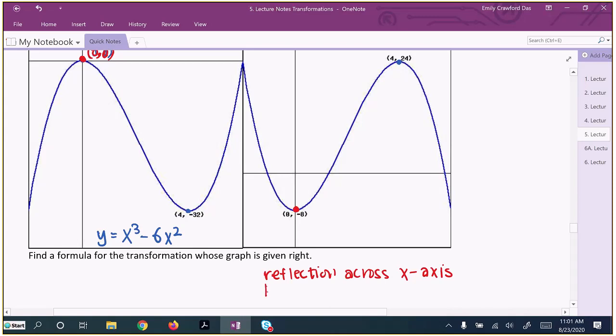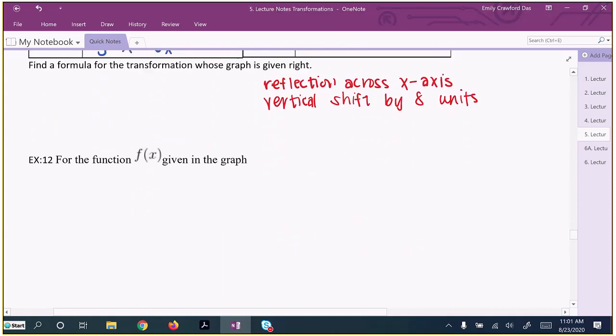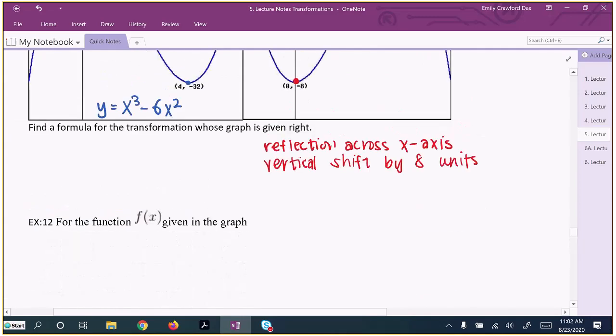So we're going to have a vertical shift. And it seems like that vertical shift involves the number 8. We just have to figure out if it's up or down. So let's see. I'm going to use this space here.